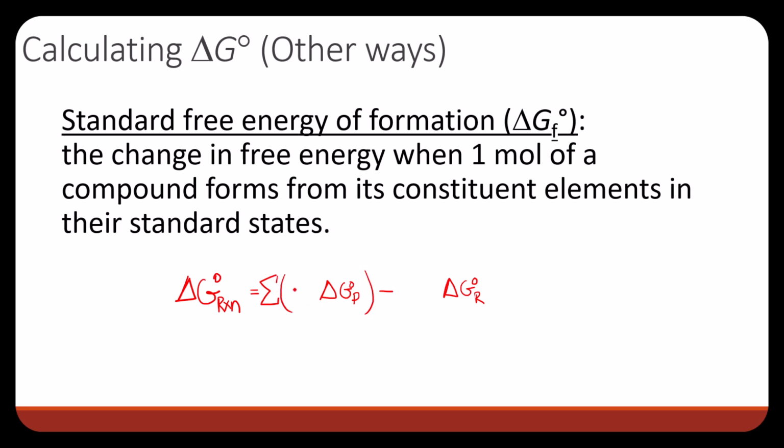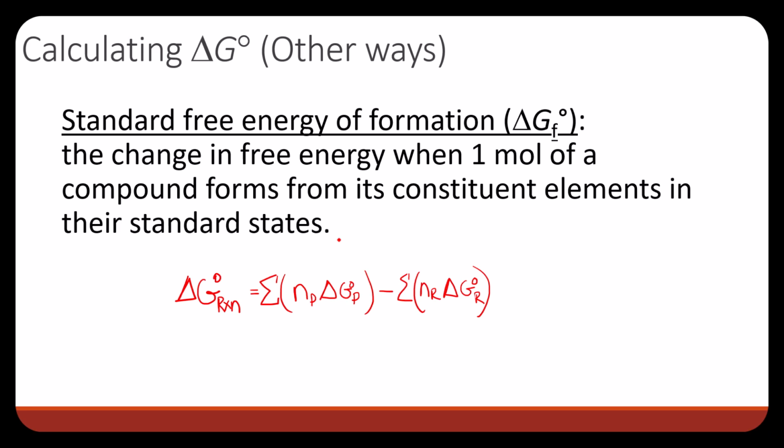And then the last piece is, again, we need to acknowledge how many moles of each of these we're making. So number of moles of the product, summation for the reactants, number of moles for the reactant, right? So we're going to take each of the products, moles times standard, add all those together.